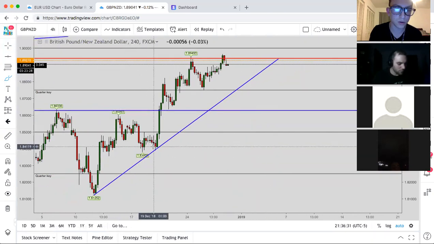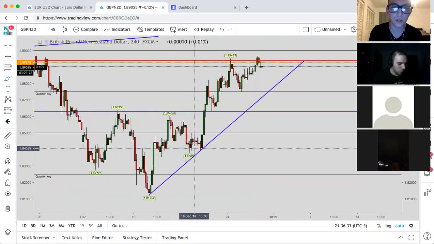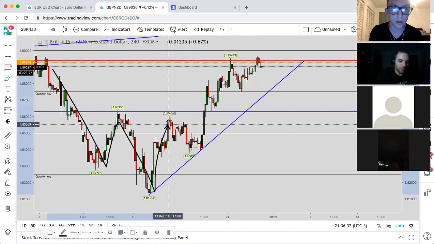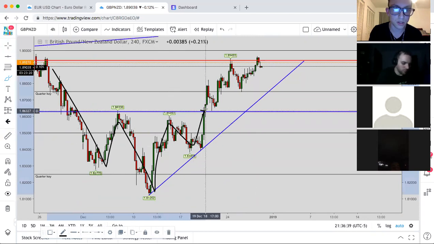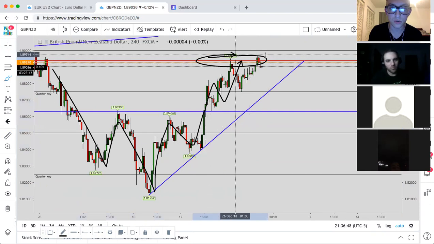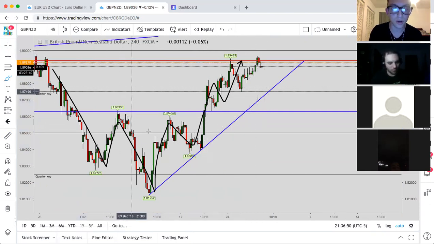Last week, or actually 2 weeks ago, we took this trade long on this head and shoulders pattern right here. Once we broke this neckline right here, we took at least 300 pips to this first level. We had a pullback and it ended up reaching all of our targets, which was right here. If you held through, any of you guys who are in our channels and taking our trade ideas, we did have this pullback that knocked out people who took a trade at break even.